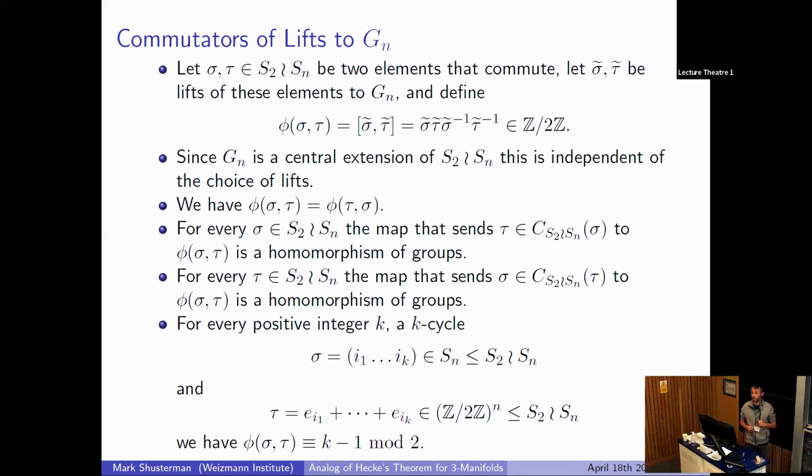That's the answer. And then from this information, you can obtain the more complicated and complete formulas that we got for an arbitrary sigma and tau that commute, by working from these cases. So what we do is compute phi of sigma, tau for every sigma and tau that happen to commute in the group.